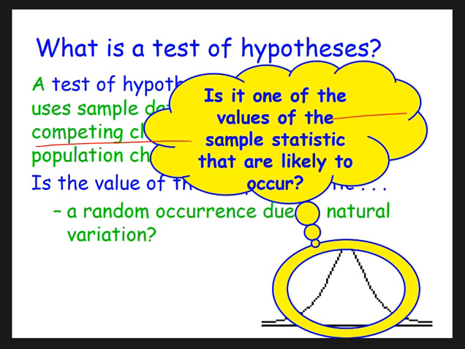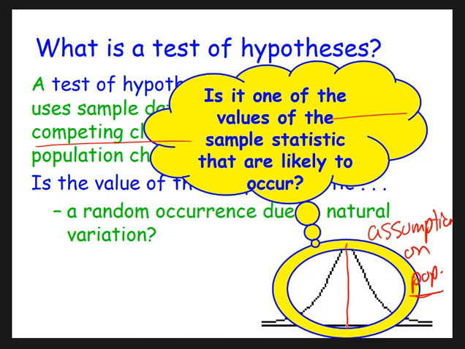So is it one of the values of the sample statistic? What we're looking at here is a bell curve. And this bell curve is based off of assumptions about the population. So we assume that the population has a certain characteristic, mainly that center, the mean or median.